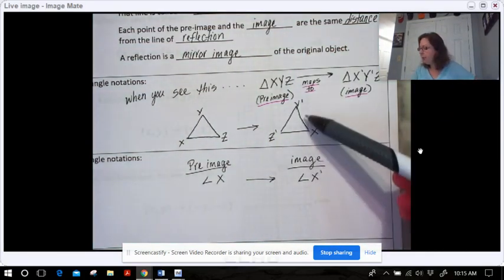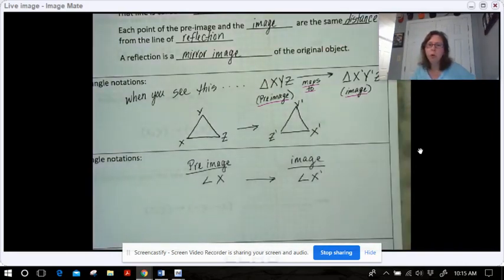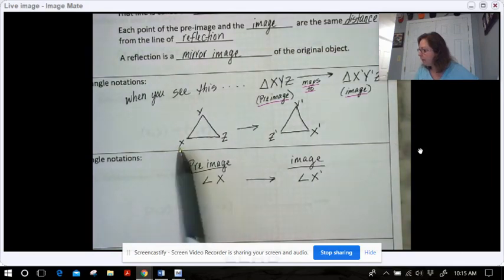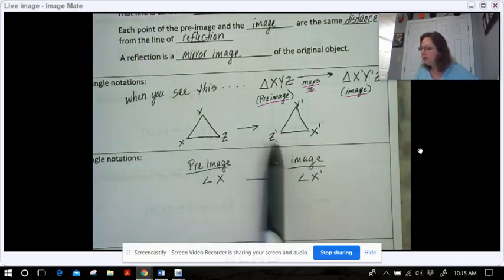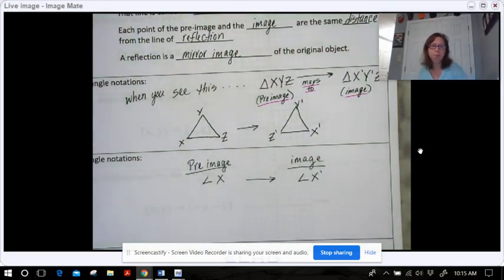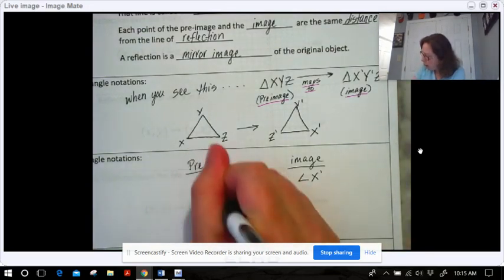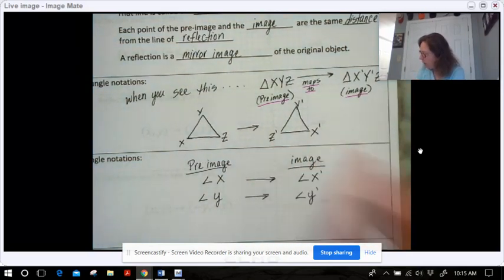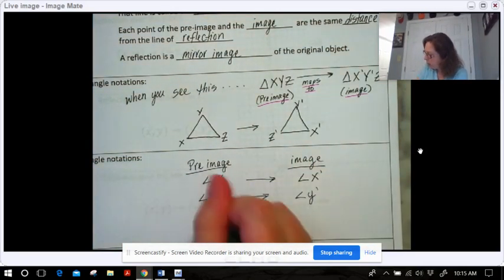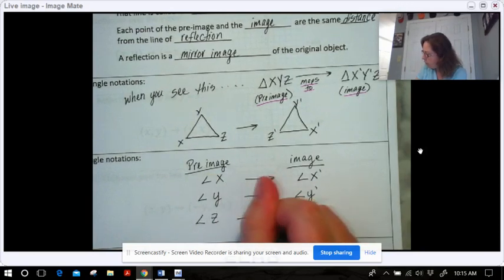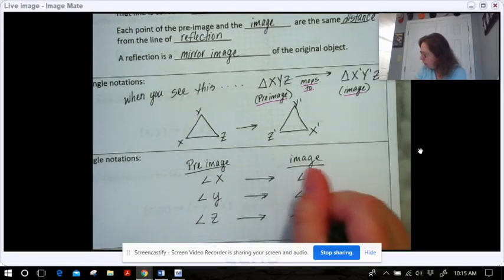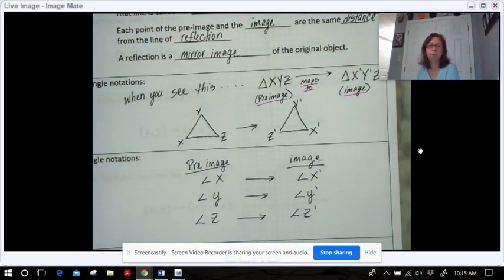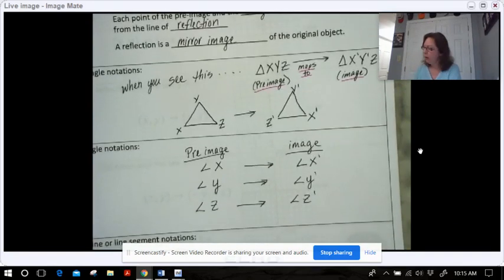So that was talking about the triangle, the whole thing. Now I'm talking about the individual X to X prime, Z to Z prime, each of the angles. So angle Y maps to angle Y prime. Angle Z maps to angle Z prime.